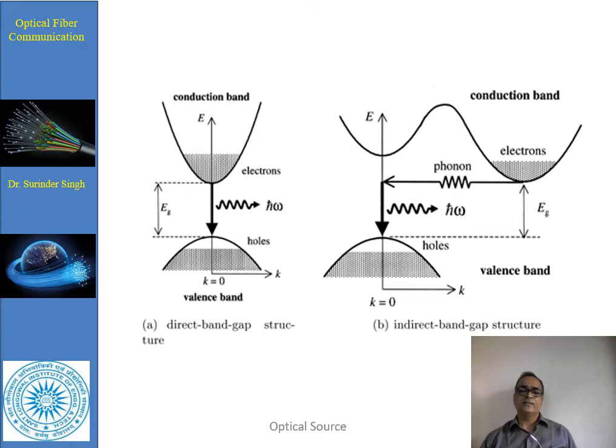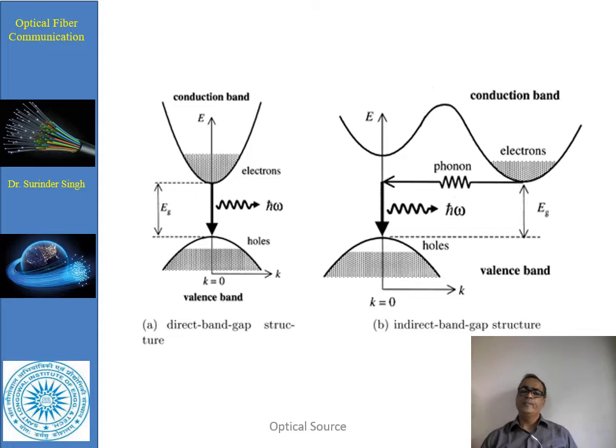In this case, the momentum of the system is conserved. Another category is the indirect band gap material, in which the conduction band shows two minima. This is the lowest band energy, and this is a higher band of energy, whereas in the case of the valence band, holes are present.